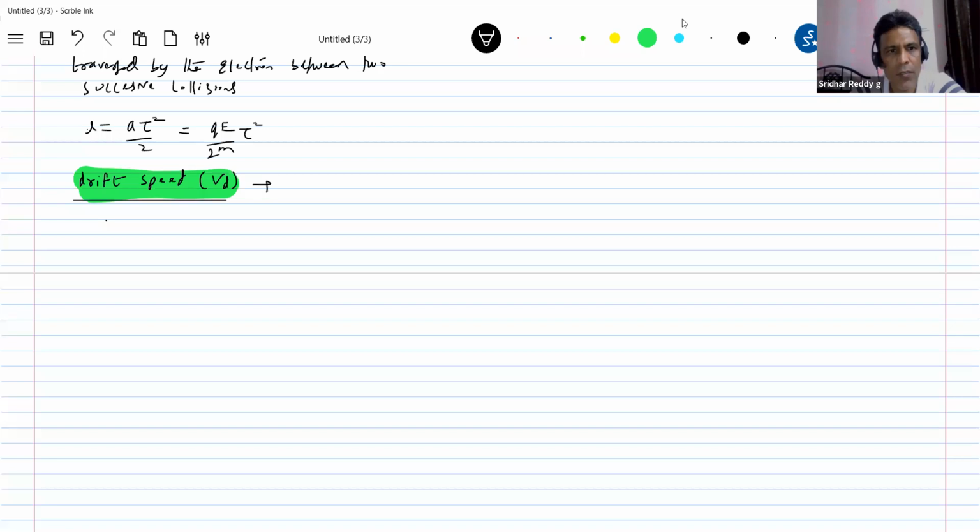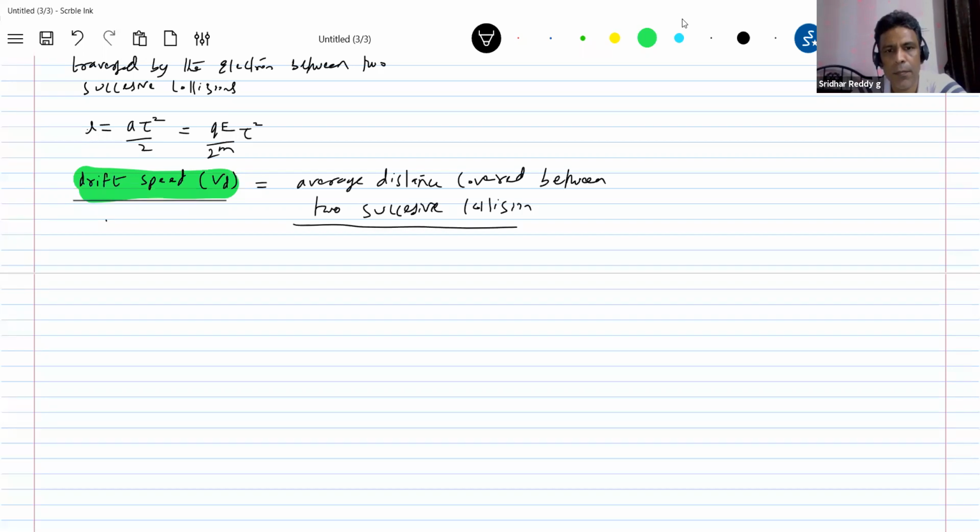It's the ratio of the average distance covered between two successive collisions by the average time taken between two successive collisions.